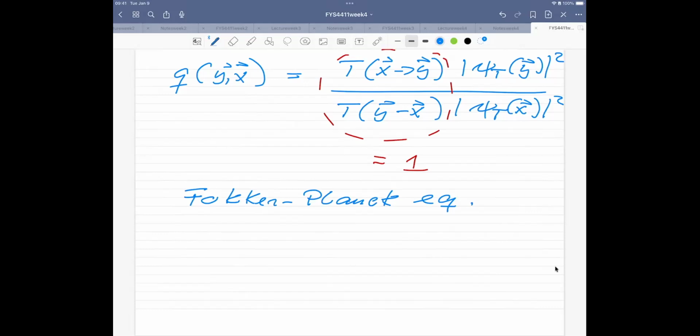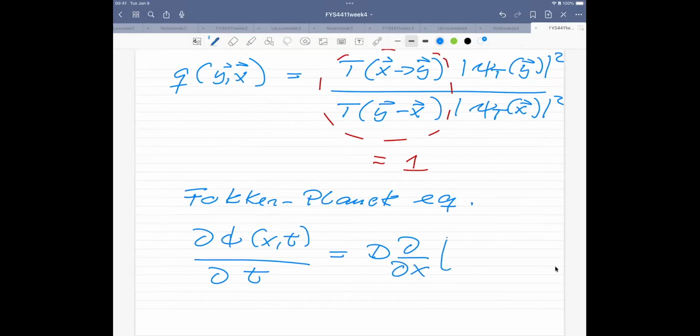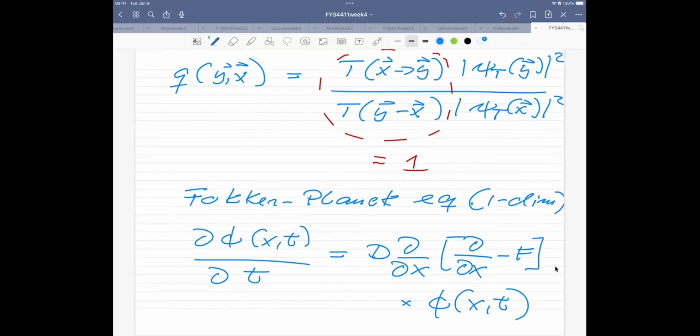So what we're going to do then, if we take this phi of x and t, is to have d/dx of the term, and let's just look at one dimension to make life a little bit simpler, minus F multiplied with phi of x and t.